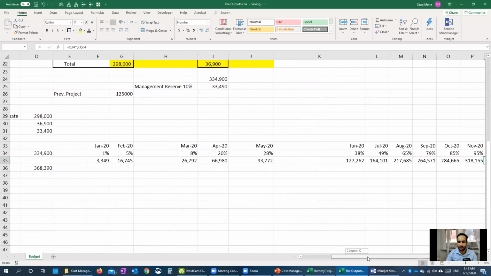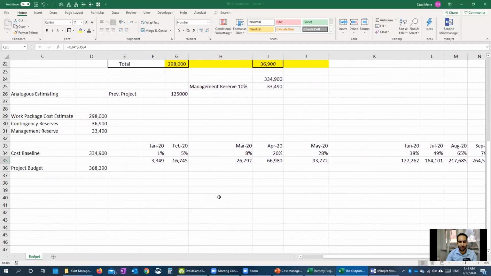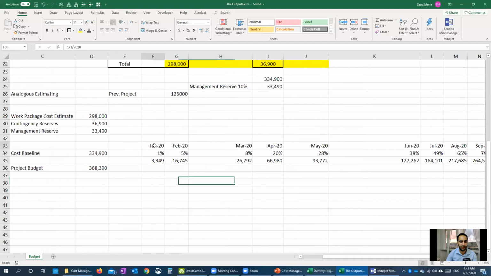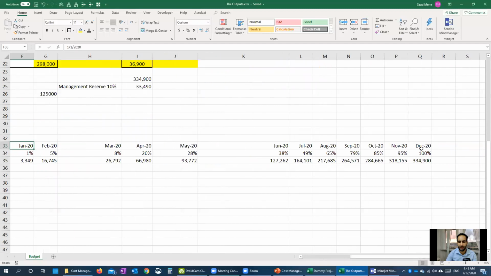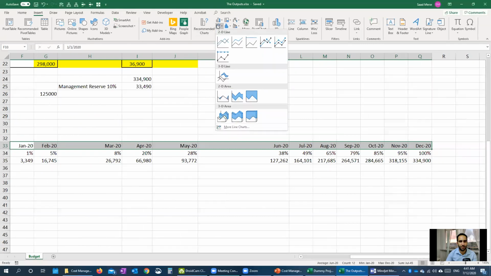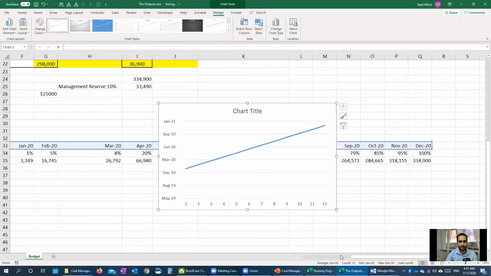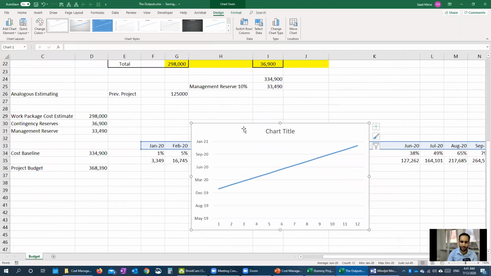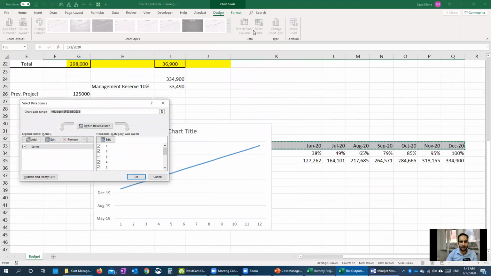So in this case, how can we draw the distributed cost baseline? We can draw a graph from this. Insert, I need to draw a graph. Select data.